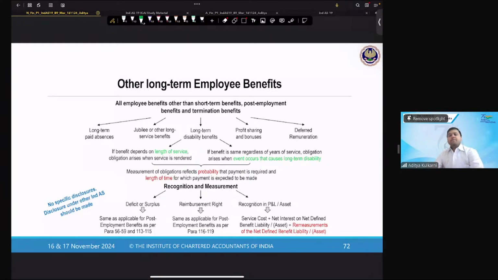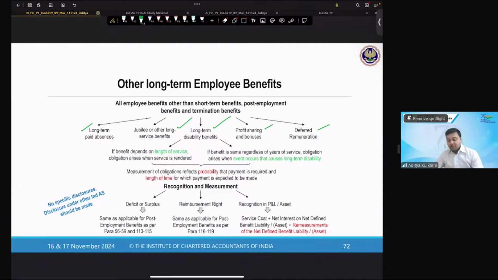No doubts. Okay. So as I mentioned, this is the only part that takes a lot of time to discuss. Now the remaining ones are very simple, because when I talk about other long-term employee benefits, this is not related to benefits which will be paid after employment, but this will be something like a long-term benefit: long-term paid absences, jubilee benefits, long-term disability benefits, profit sharing and bonuses, or deferred remuneration.